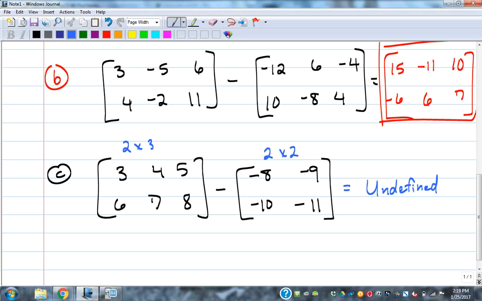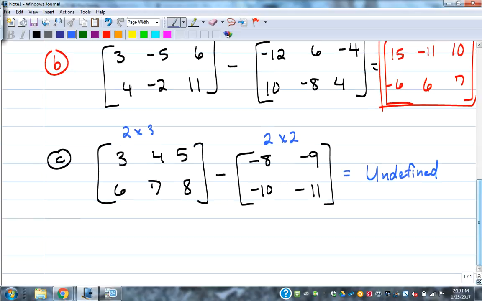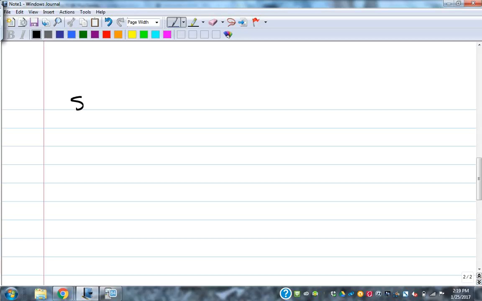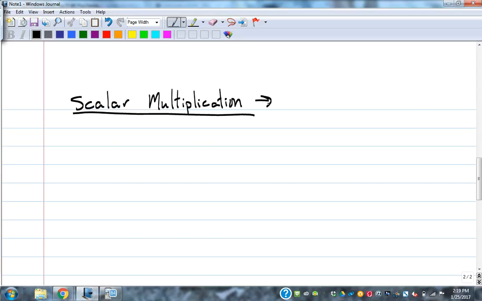All right. Let's look at the next operation. It's called scalar multiplication. Again, a very easy concept. What you want to think about with scalar multiplication is the distributive property.